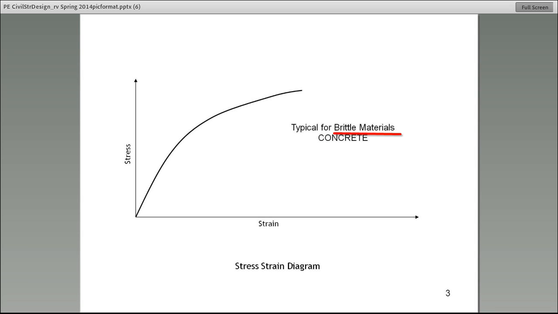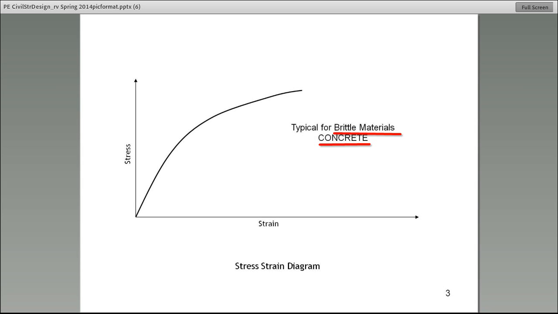Okay. Well, let's talk about brittle materials versus ductile materials. I will not spend too much time on it, but I will tell you, an example of a brittle material is concrete. And I will start with brittle materials.